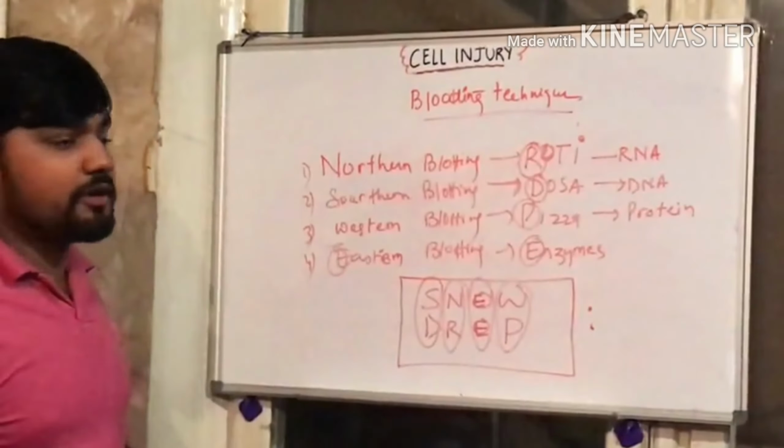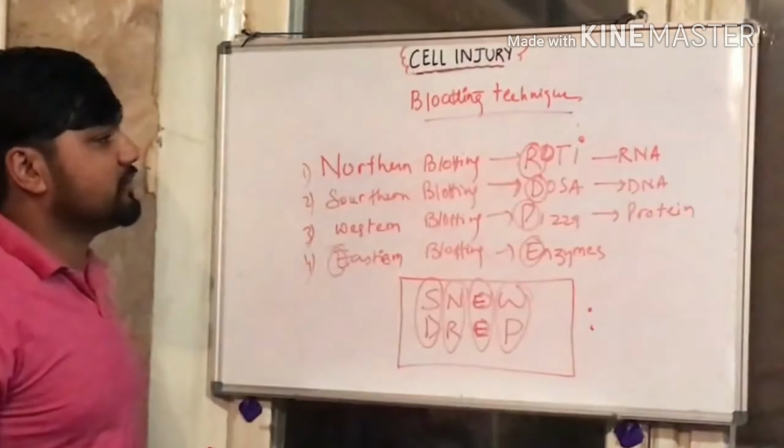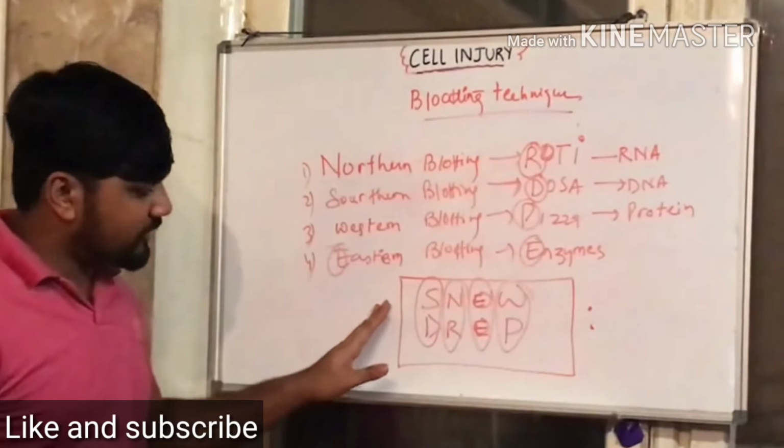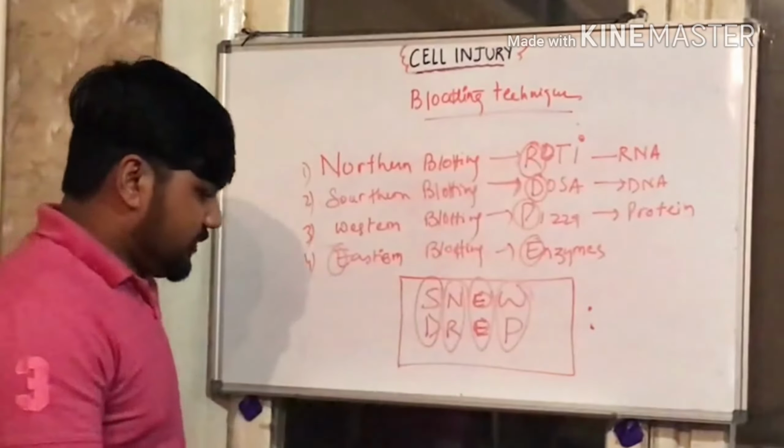Southern blotting is used to blot DNA, and northern blotting is used to blot RNA. These are the mnemonics. You can note it down, or this is yet another simple mnemonic, snow drop.